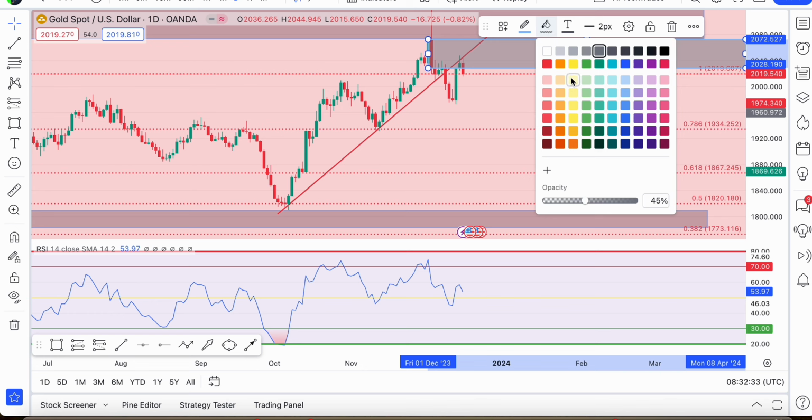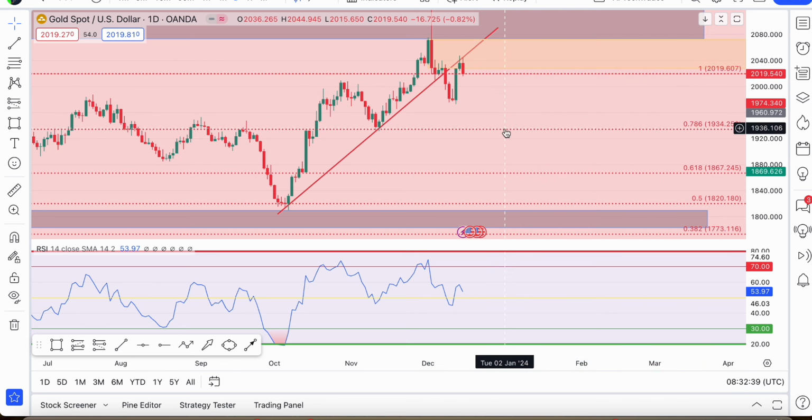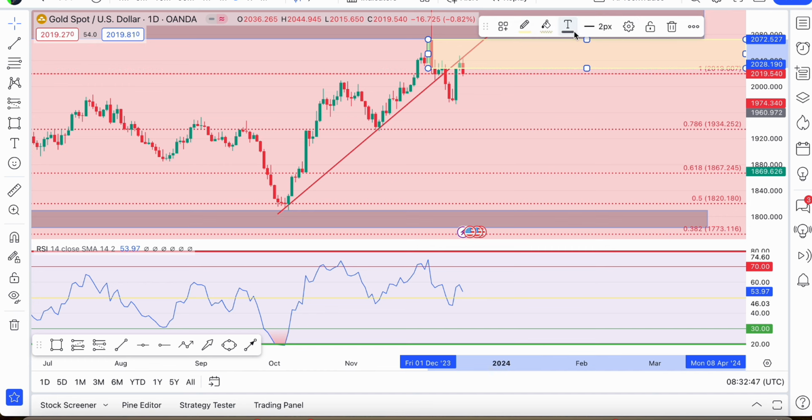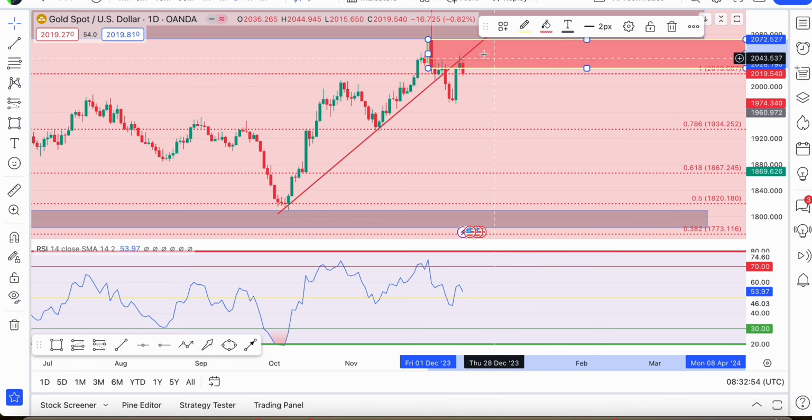Let me use this color. So my rules for trading engulfing candle, is it visible? Let me change the color to red. I use red for sell.